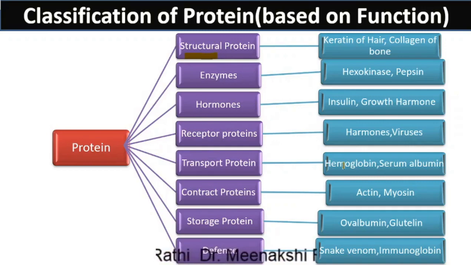Partially incomplete proteins are partially lacking one or more essential amino acids, for example wheat and rice proteins. Incomplete proteins completely lack one or more essential amino acids, and hence they do not promote growth at all. For example, gelatin and zein. So this is the classification of protein based on nutritional values.